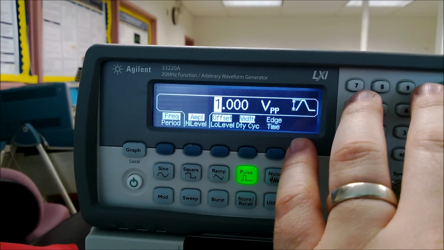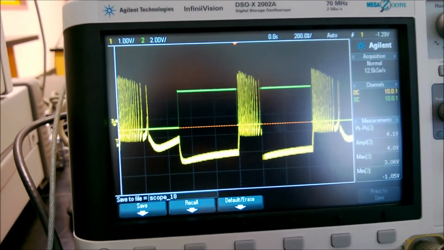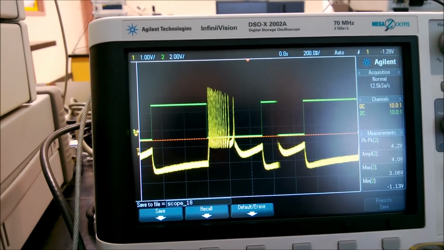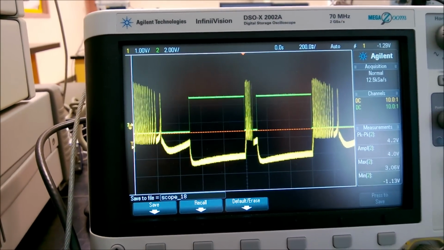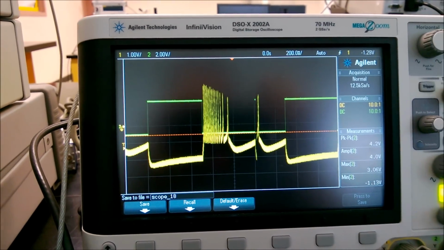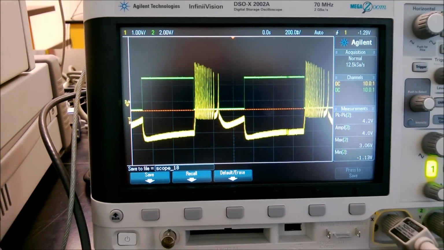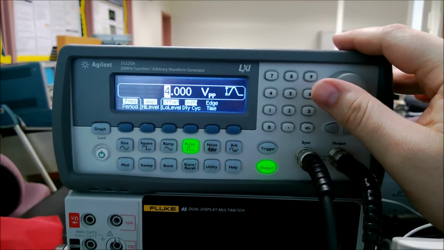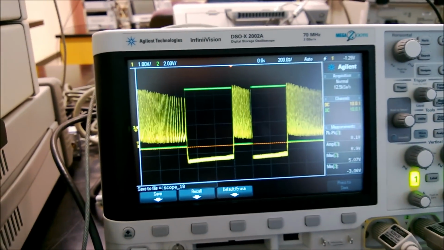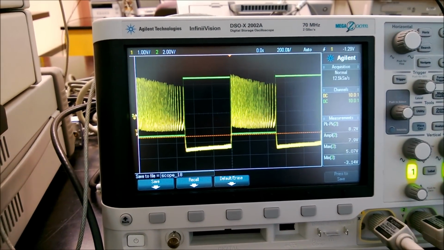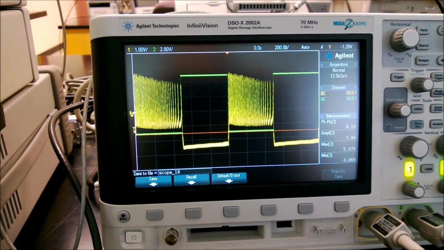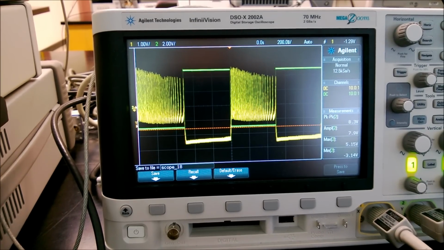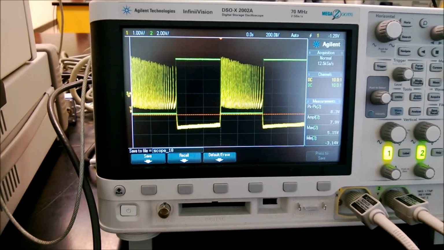Now let's increase that up to 2 volts peak to peak, and we'll see that the width of the bursting part is increased, so you have a lot more pulses in there. Once we increase that up to 4 volts, we see that finally the bursting takes up the full width of the input from the impulse.